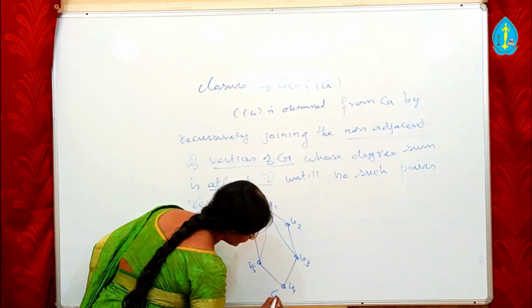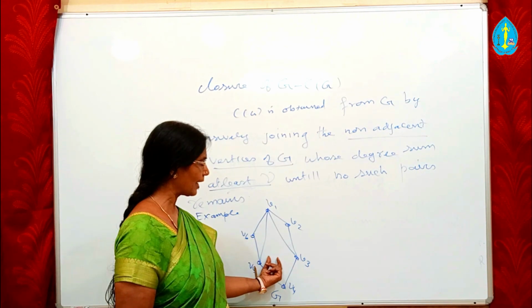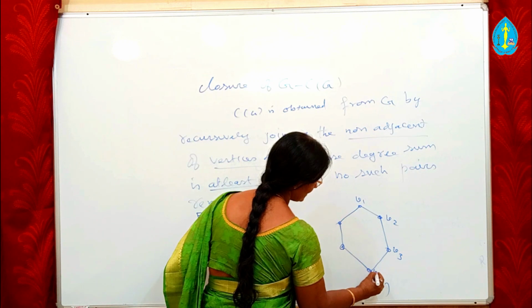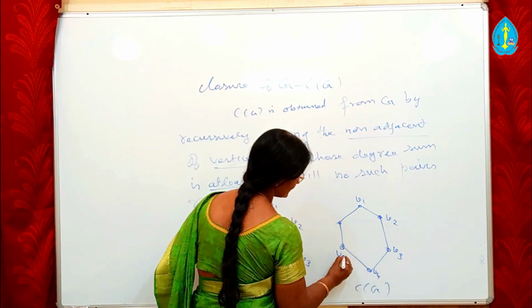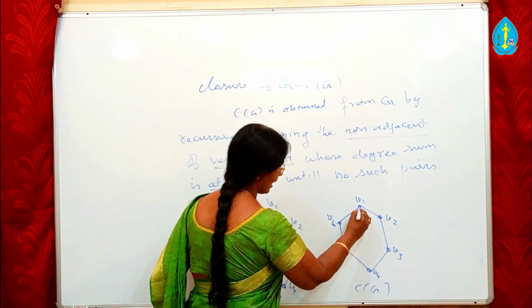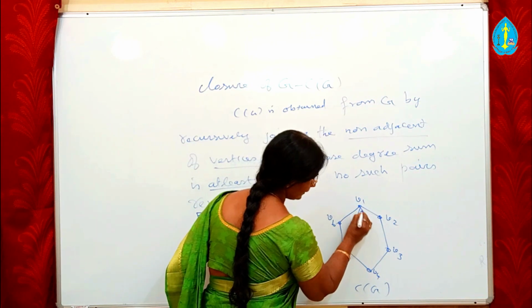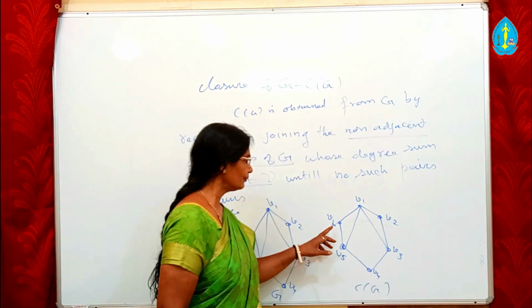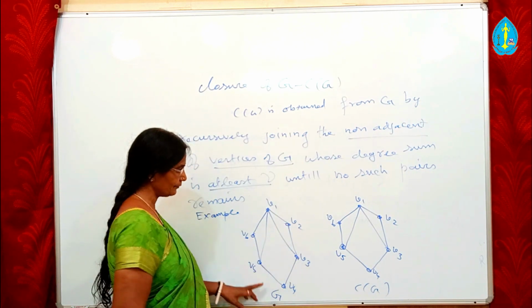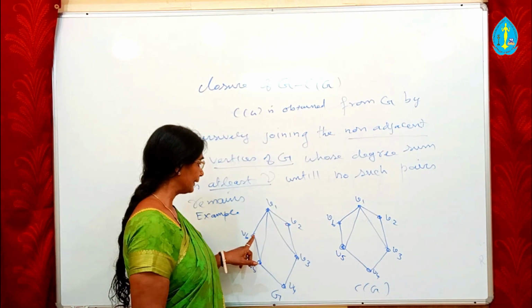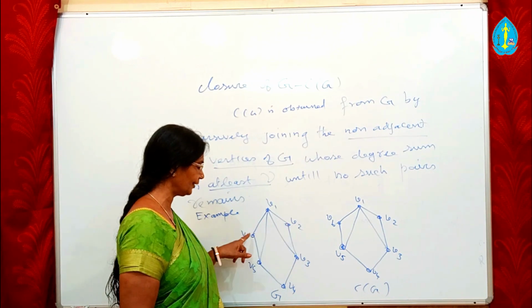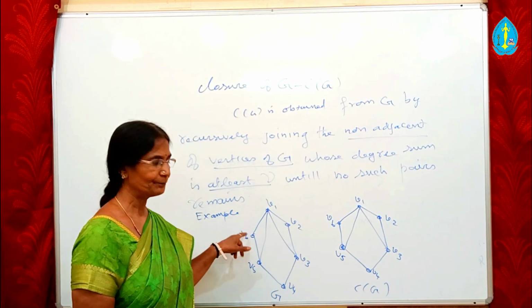From this G, we obtain C(G). The vertex sets of C(G) and G are the same. V6 and V2 are non-adjacent vertices of G, but their degree sum is 2 plus 2, which is 4, so we cannot join V2 and V6.